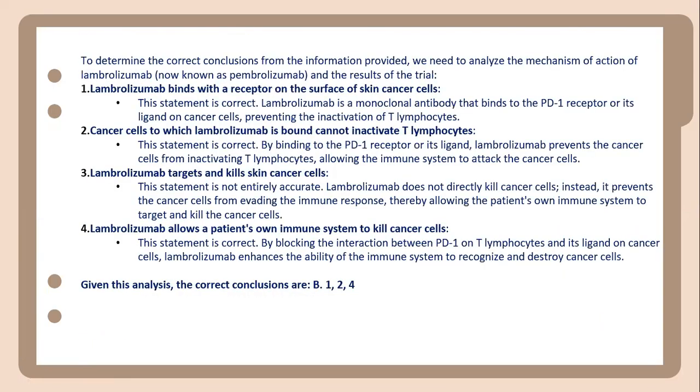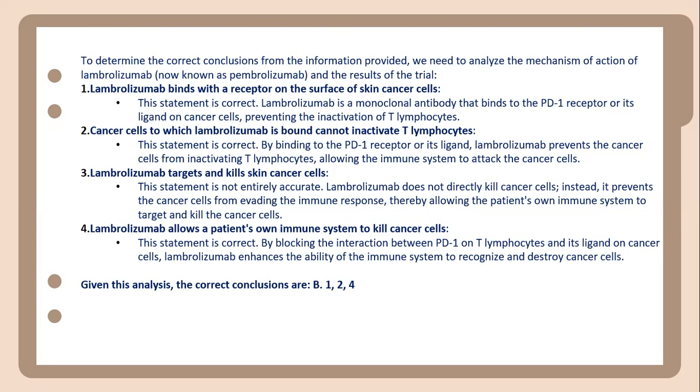1, 2, and 4. Number 1 is correct because pembrolizumab is a monoclonal antibody that binds to the PD-1 receptor or its ligand on cancer cells, preventing the inactivation of lymphocytes. Number 2 is correct because by binding to the PD-1 receptor or its ligand, pembrolizumab prevents the cancer cells from inactivating the lymphocyte, allowing the immune system to attack the cancer cell.